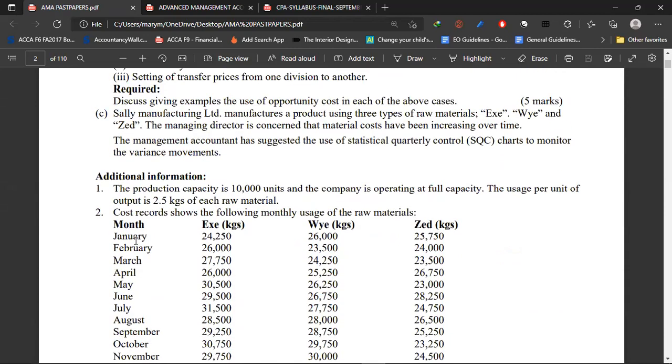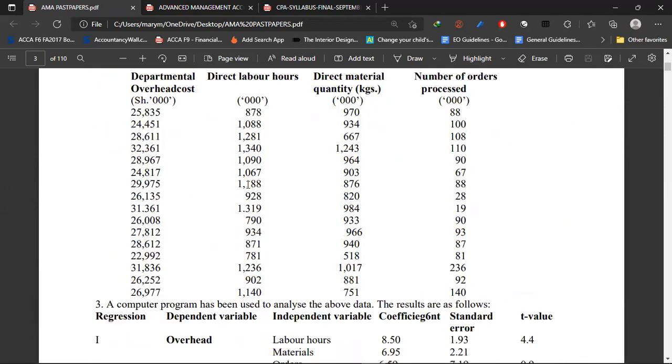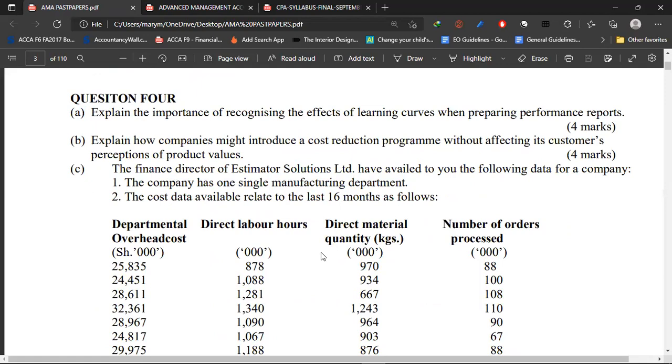So we have September 2015. This should be question 4C. When I look at that question, I'm seeing good things there.